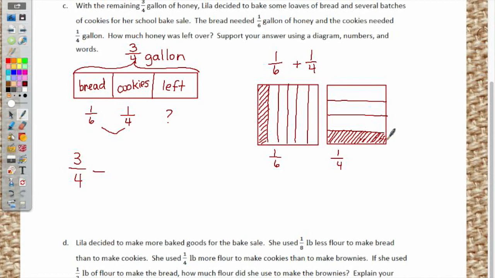Okay, did you set it up like this? Yes. Okay, so my common denominator is what, boys and girls? How'd you get 24? 6 times 4.